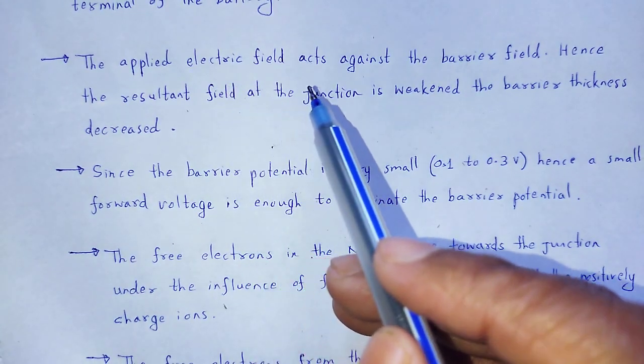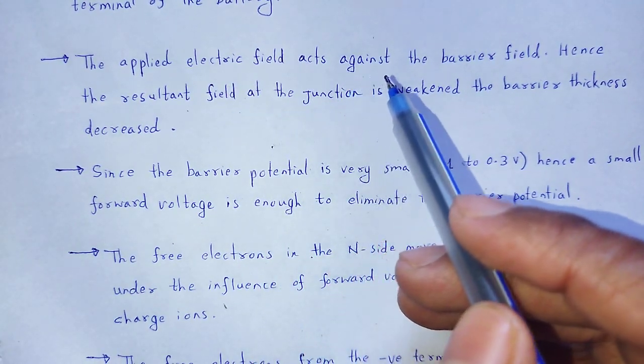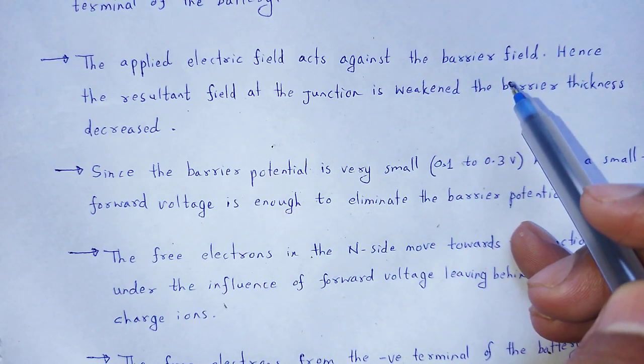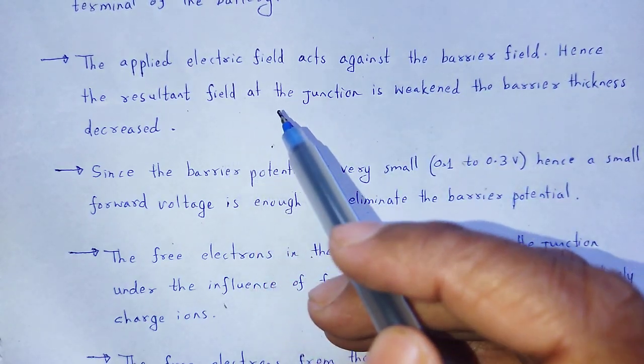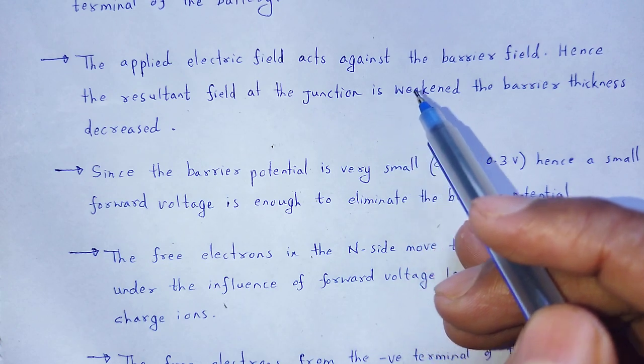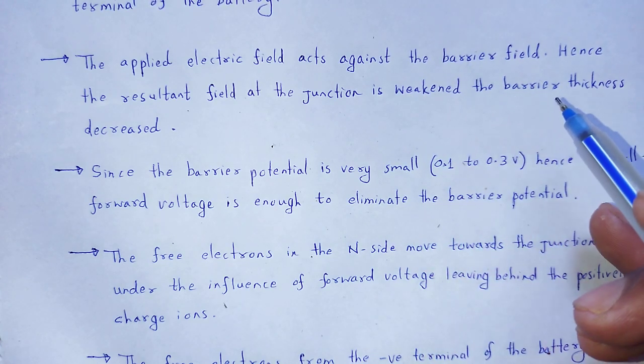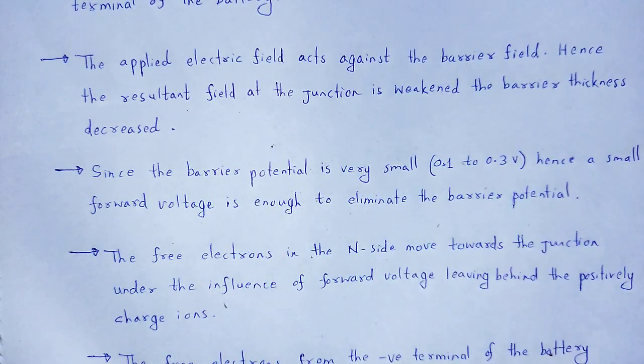The applied electric field acts against the barrier field, hence the resultant field at the junction is weakened and the barrier thickness decreased.